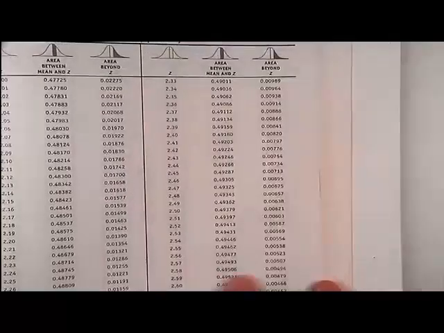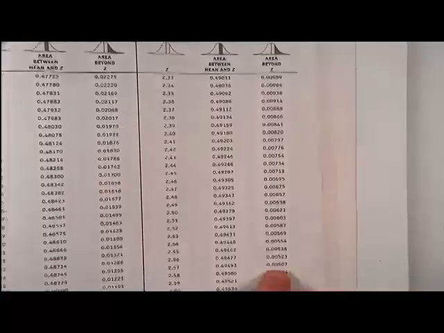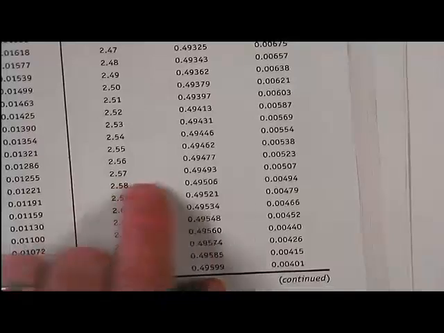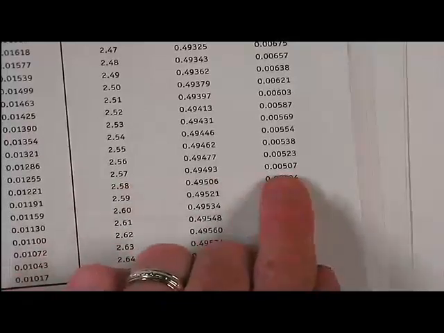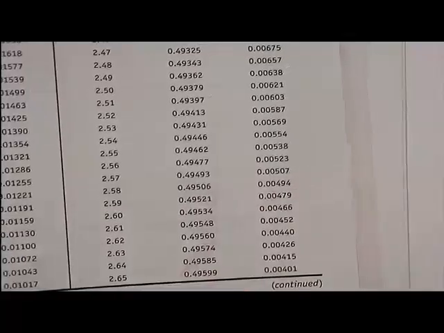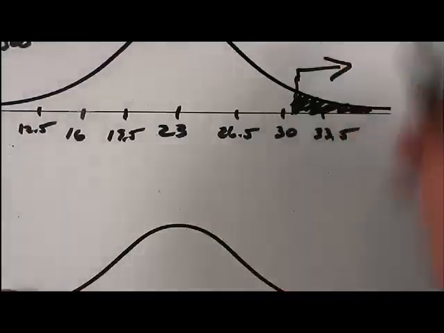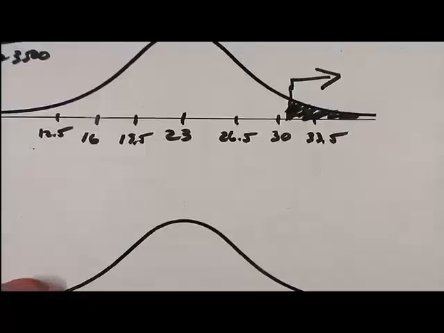The area beyond z is 0.00507, so I would just go 0.005 for this, just so that we know how to use a chart. But I still want you to go to 2 decimal places is fine.